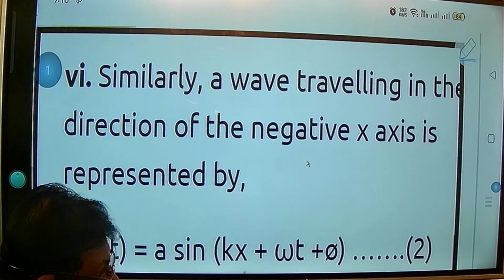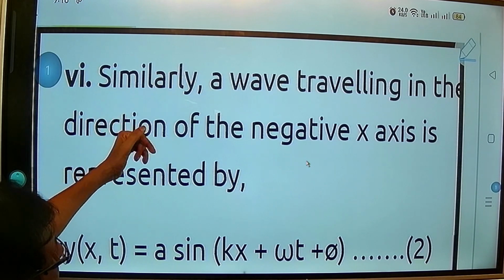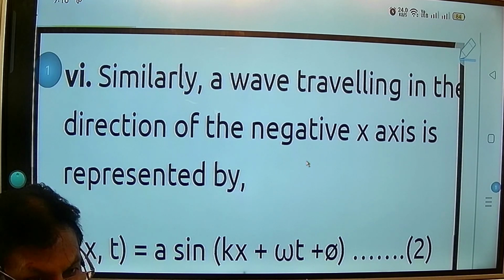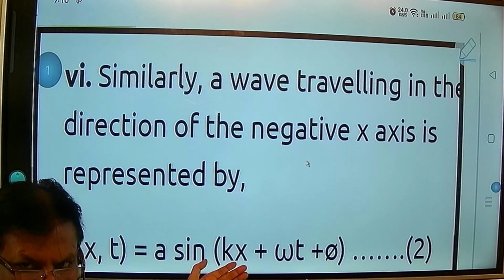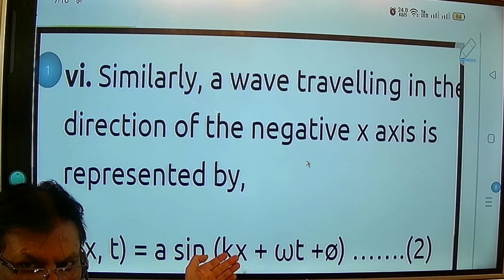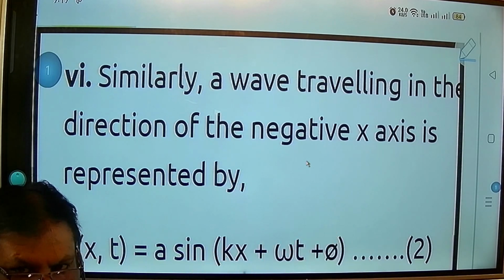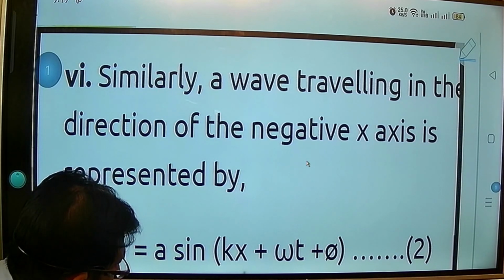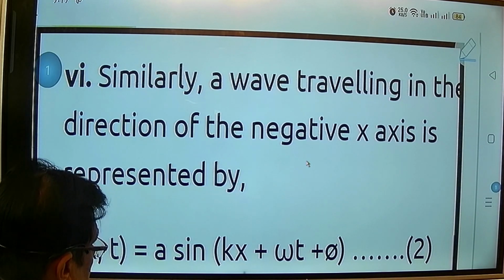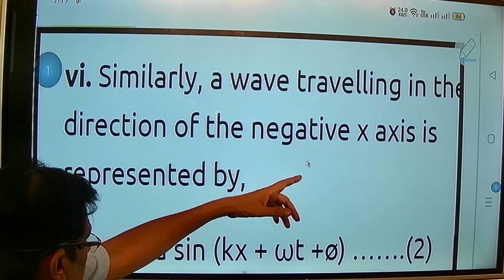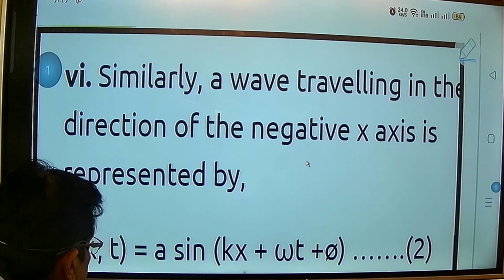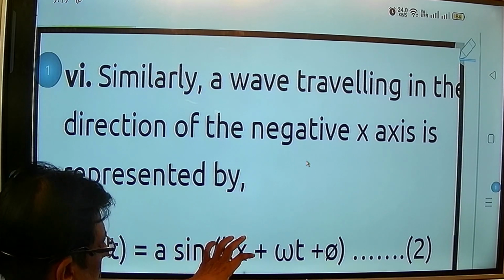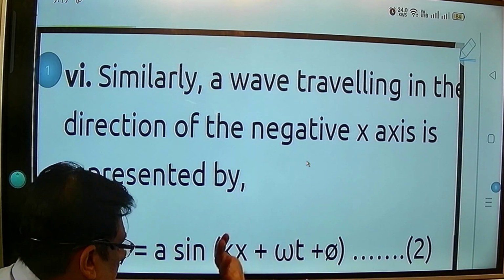Now similarly, a wave traveling in the direction of the negative x-axis is represented by the following. Earlier we considered the wave traveling in the positive direction of the x-axis, but now we consider the opposite direction, along the negative x-axis, and this equation is y(x,t) equal to a sin(kx plus omega t plus phi).